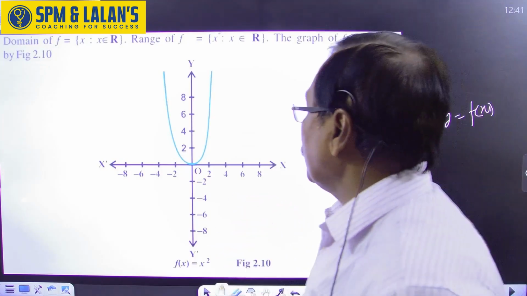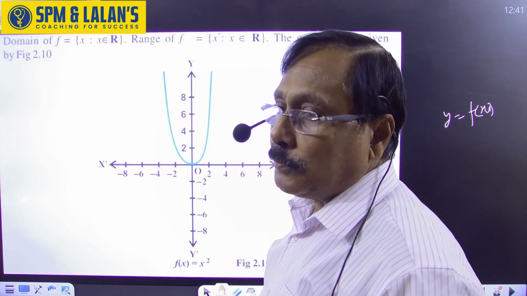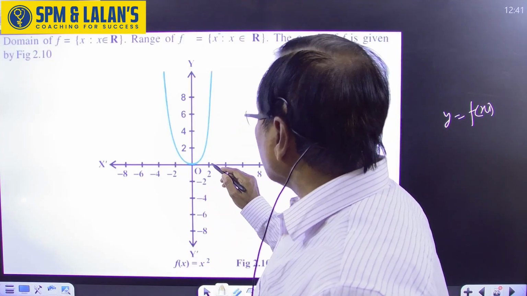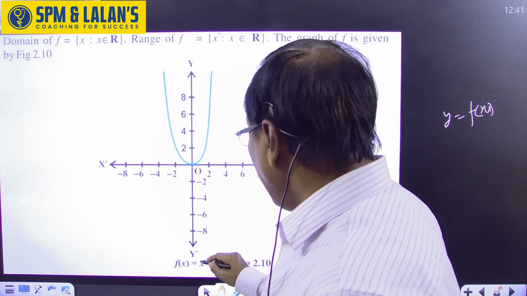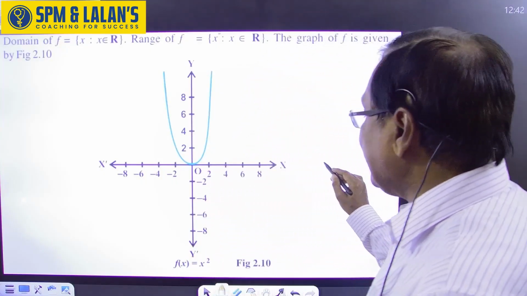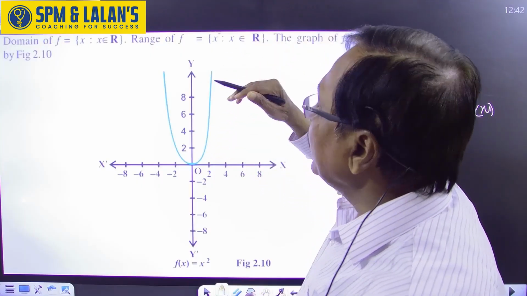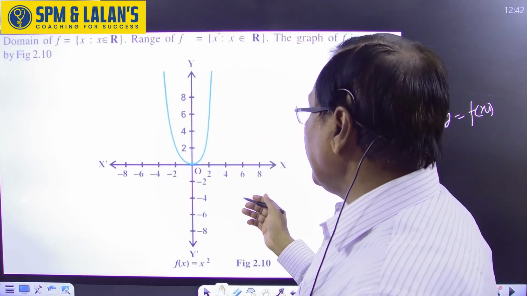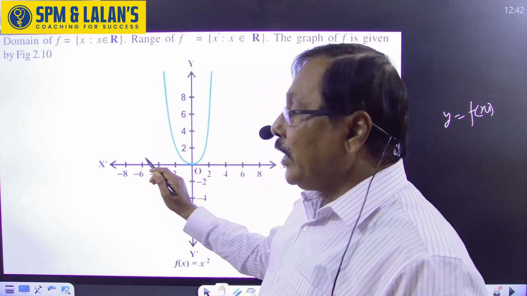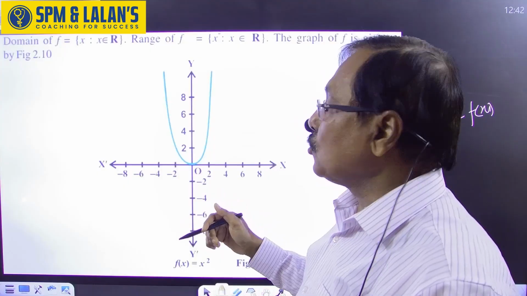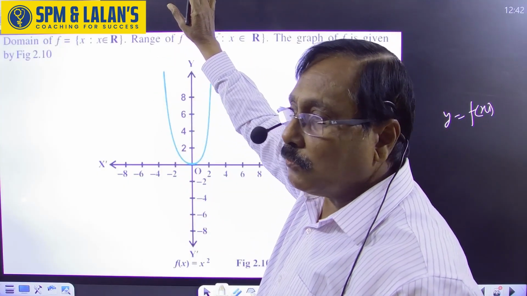Now watch carefully. You can put different values. When x is equal to 0, y is equal to 0. When x is equal to 1 or 2, whatsoever, you can get the corresponding value of y. As x is increasing in the positive direction, you are getting very, very high values of y. Similarly, if you put negative values of x on this side, it also gives positive values of y. Watch carefully.